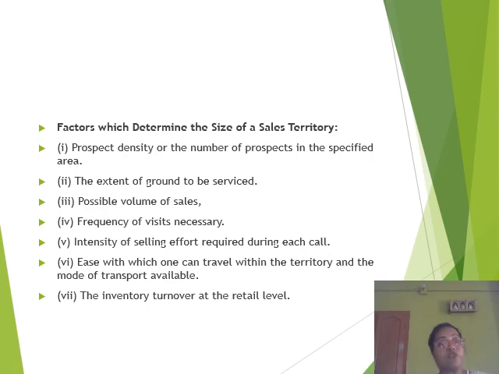Now, the factors which determine the size of a sales territory. How do we determine the size of a sales territory? What are the factors we have to consider while determining the size of a sales territory?